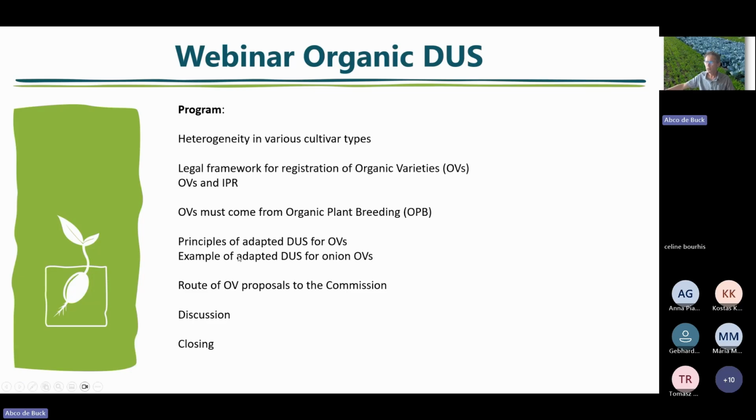The principles of a new, adapted DUS schedule for organic varieties. I will show some examples of how it works in practice. And last but not least, the route of organic variety proposals to the EU Commission. Now a few are mentioned in the amending directive for organic varieties, and the goal is to have many more.